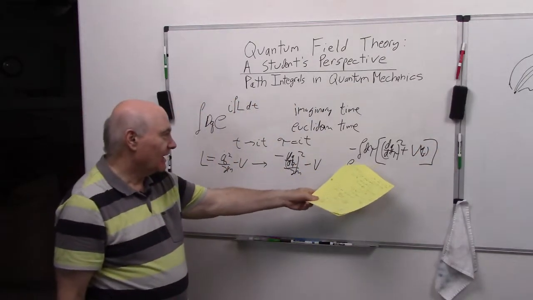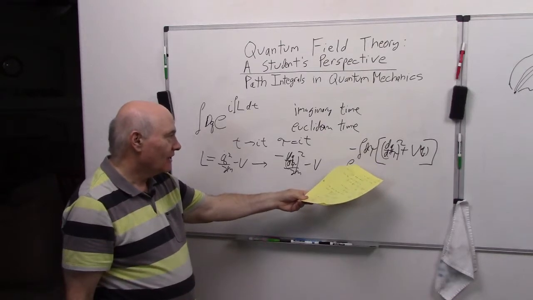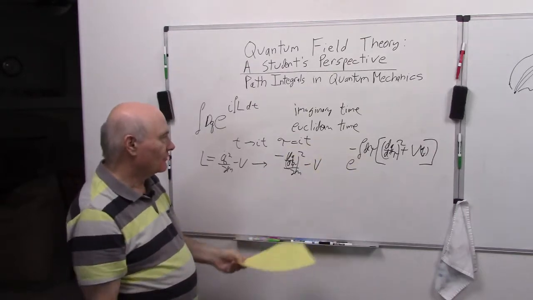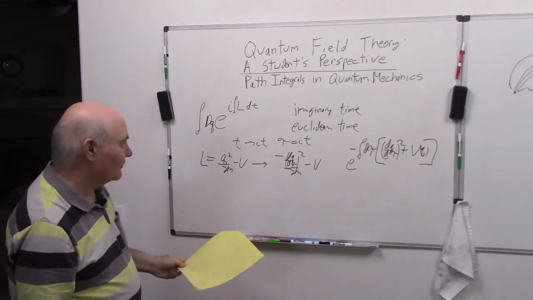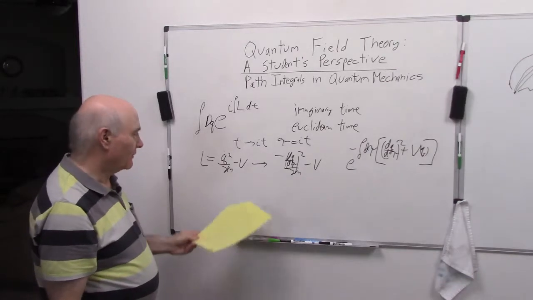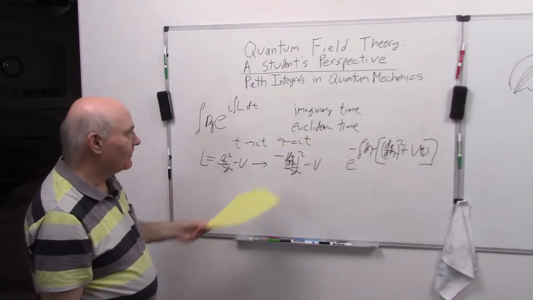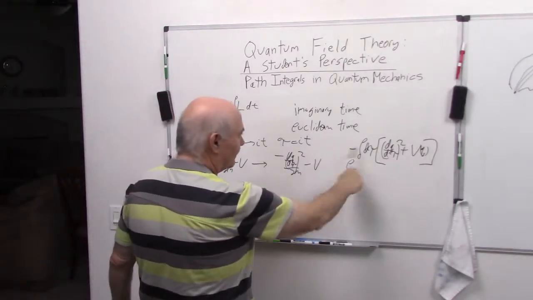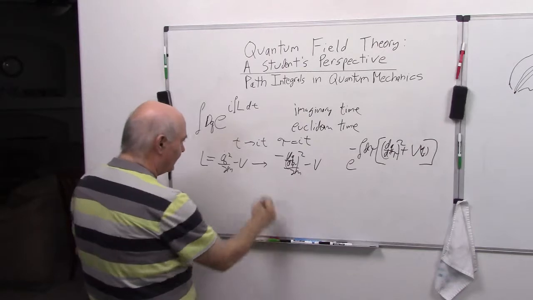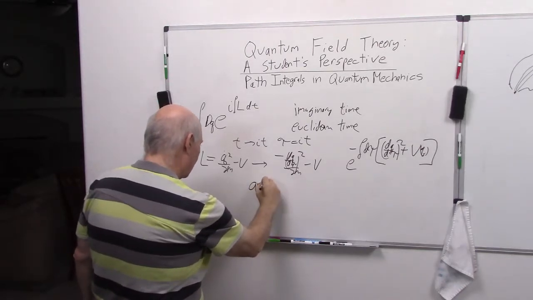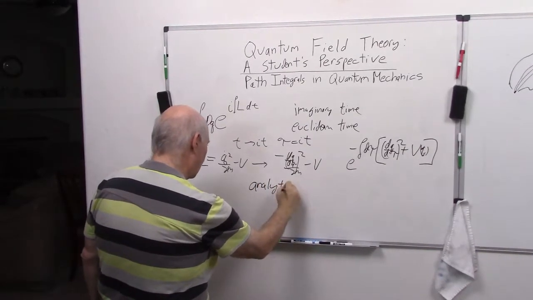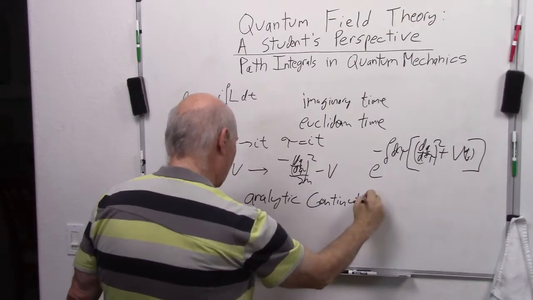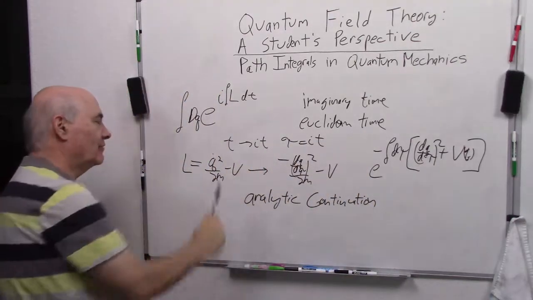This is much better defined. It's an exponential of real quantities with a negative sign in front of them, so it converges much more rapidly. A lot of times you'll see quantum field theory done in Euclidean time, and the hope is that you can rigorously define or calculate this, and then you do an analytic continuation back to real time. You reverse the process.